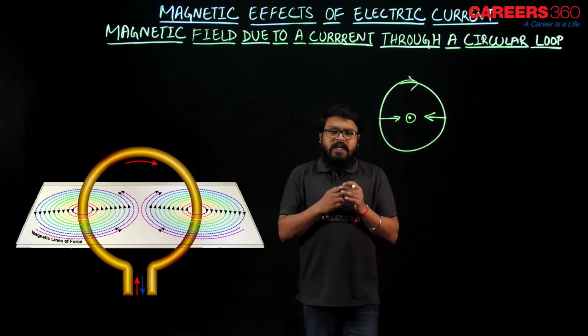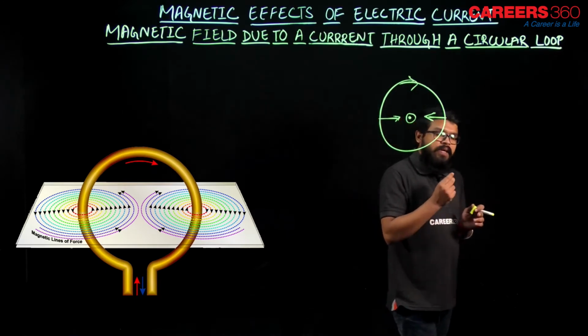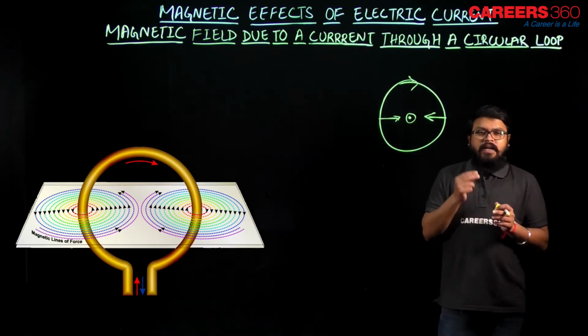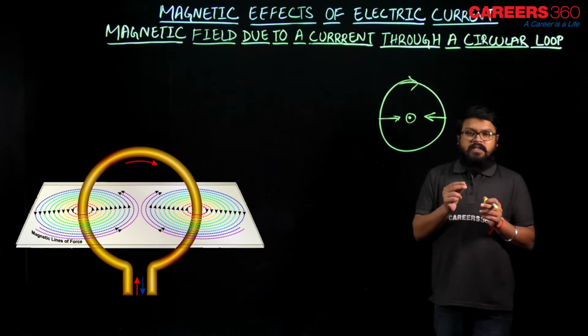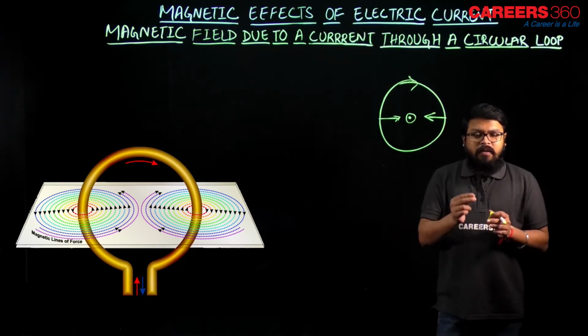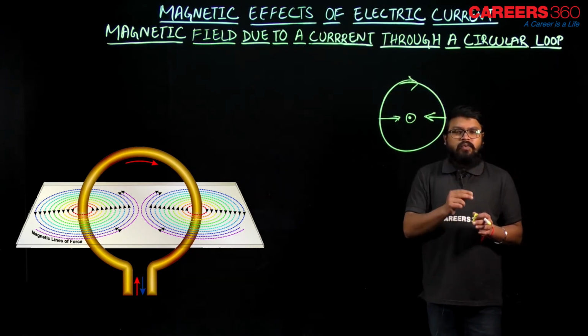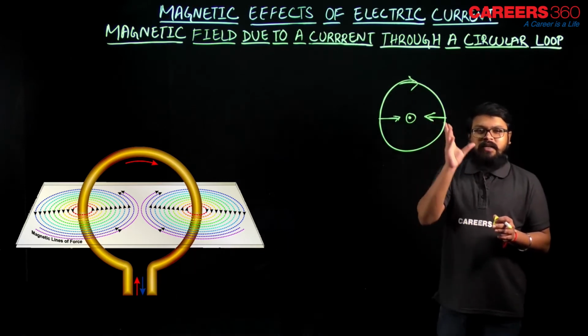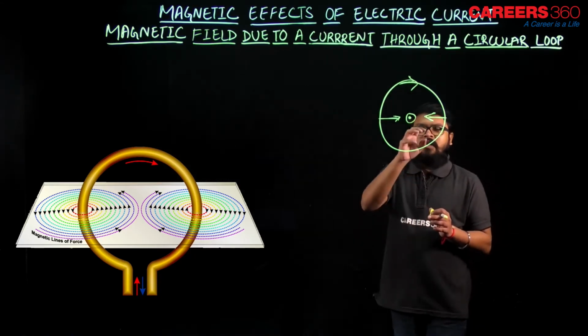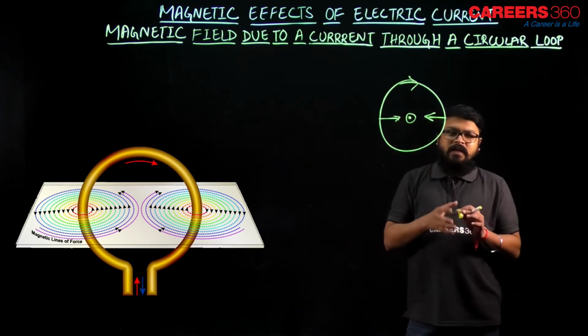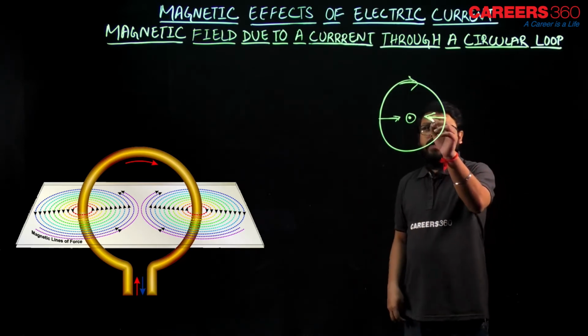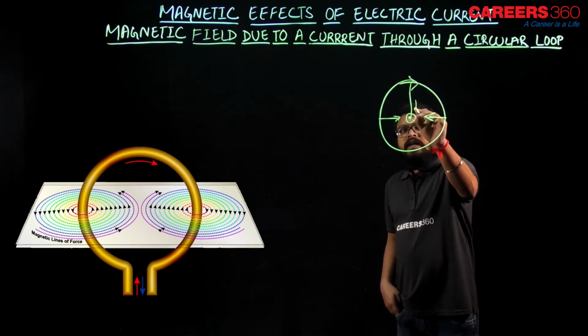So here we can say that the magnetic field intensity is increased by bending the straight wire into a circular loop, at the center, as you can see. Suppose the circular loop has radius r.